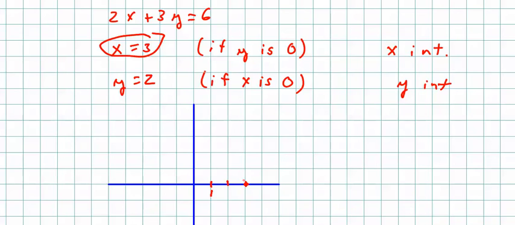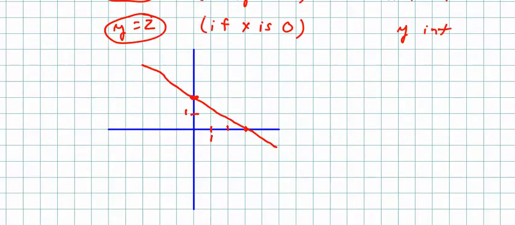I draw a dot. The y-intercept is 2, so I go up 2. Draw a dot. Label my axes. And then, using a straight edge, I draw my line. Basically no work at all.